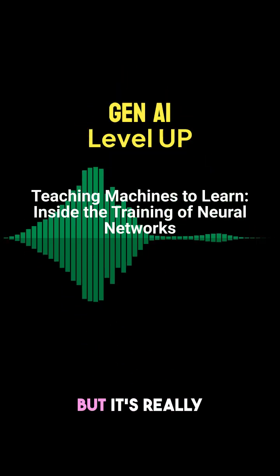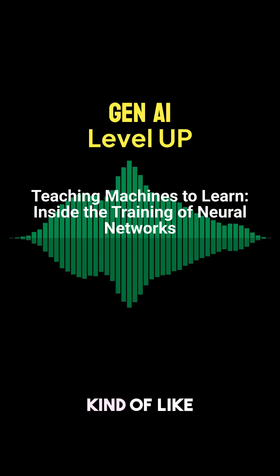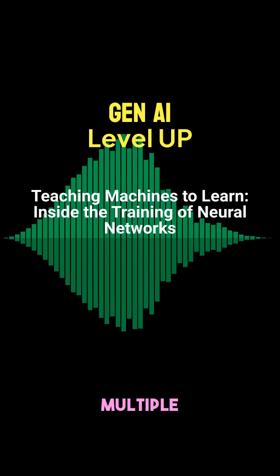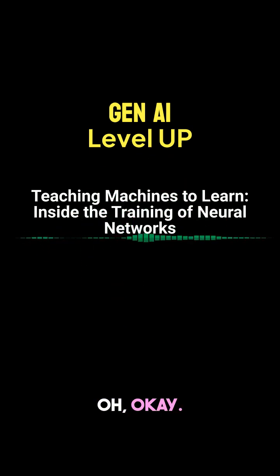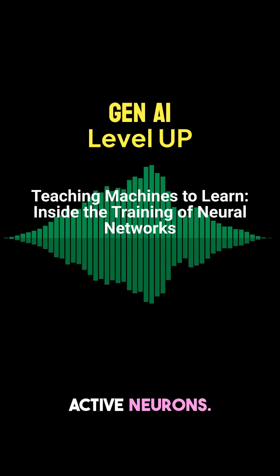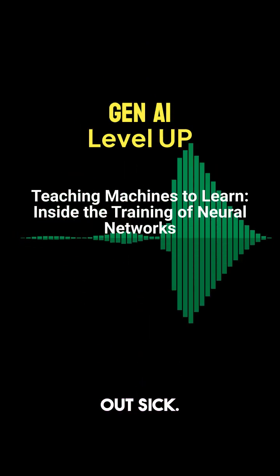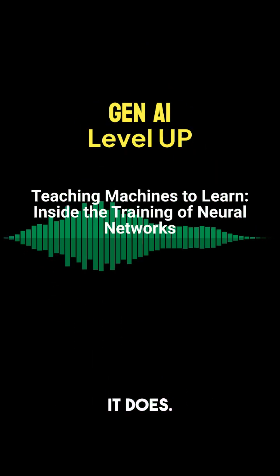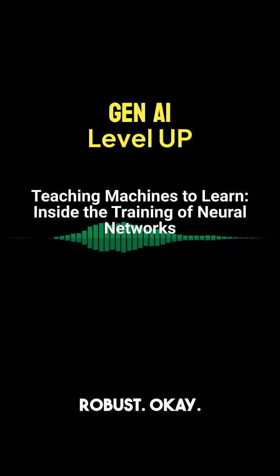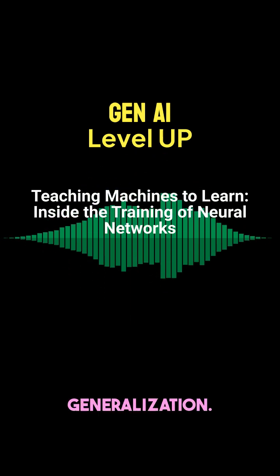It sounds strange, but it's really effective at preventing overfitting. It's like forcing the network to learn multiple ways to solve the problem, because it's constantly adapting to different subsets of active neurons. So it's like everyone on a team needs to be able to pick up the slack if someone's out sick. Exactly. It makes the network more robust and less reliant on any single neuron, and it improves generalization.